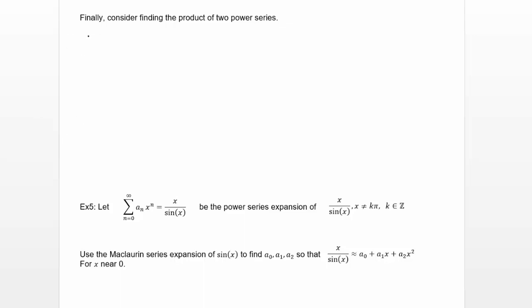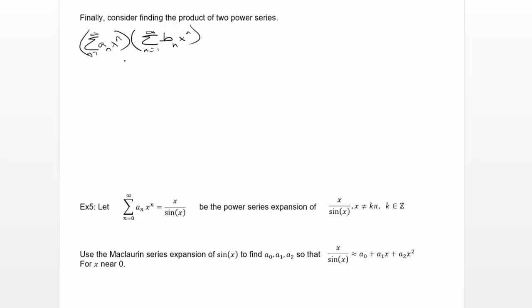Say you have two power series that have the form, how about a_n x to the n, and I want to multiply this power series, how about n goes from 1 to infinity, with a different one. How about call it this, with the coefficients b's?